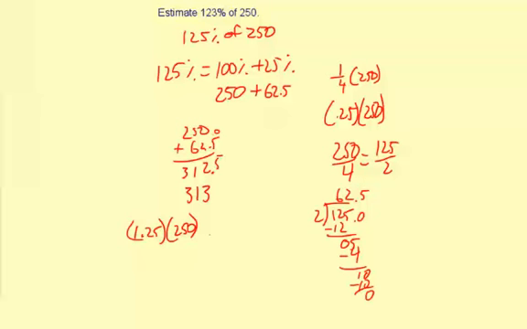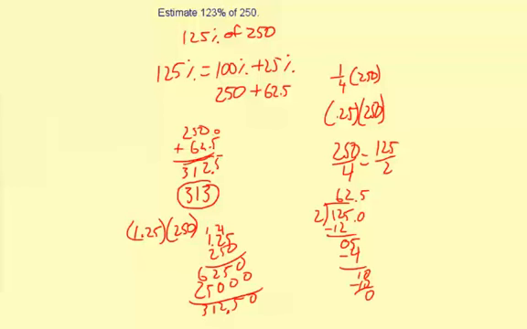So that would look like 1.25 times 250. 5 times 5 is 10, plus 1 is 12, carry the 1, 6, and then 2 zeros. 5 times 2 is 10, carry the 1, 5, 2, then add 0, 5, 2, 11, carry the 1, 3, and then 2 decimal places. So you still get 312.50, which is the same as this one up here. So we can use either estimate, 312.5 or 313.